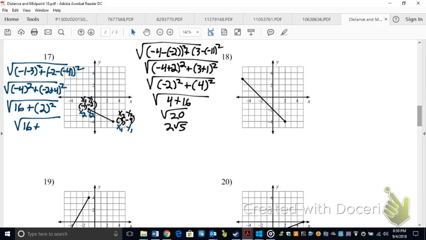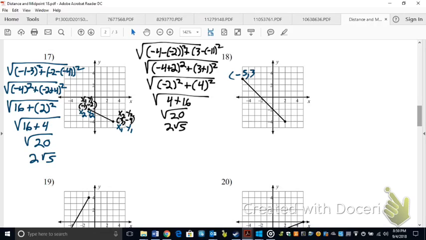We have 16 plus 4, or the square root of 20, which reduces to 2 radical 5. So notice it doesn't matter which way I go. The distance from point A to point B is the same as the distance from point B to point A.